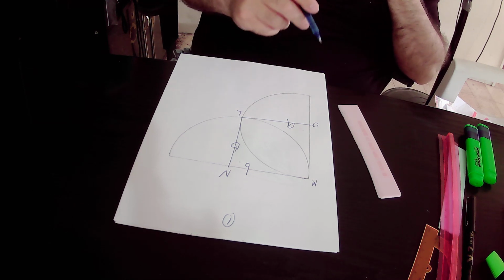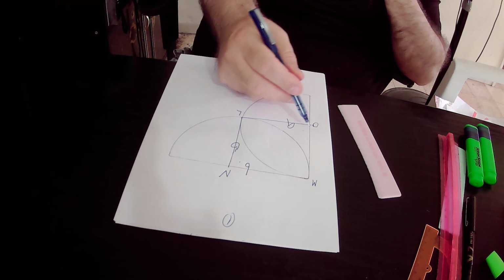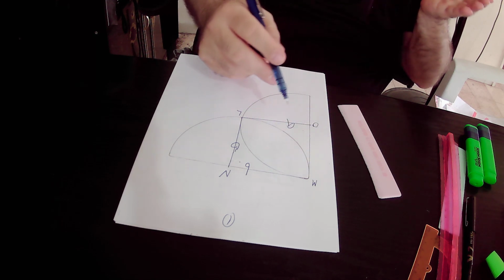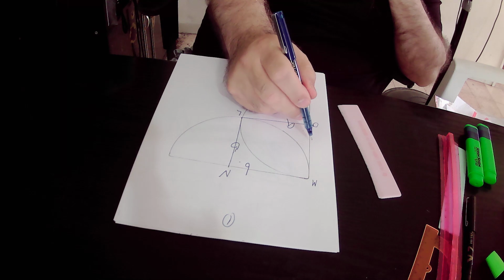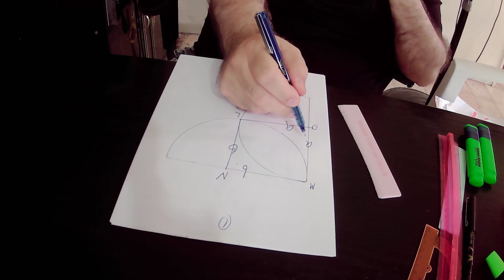Again, point O is the center of this semicircle. Point M is the point on this semicircle itself. This is exactly the definition of a radius. That is to say, OM is the radius of this semicircle that is equal to A units according to our definition.